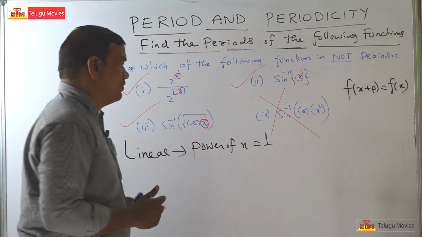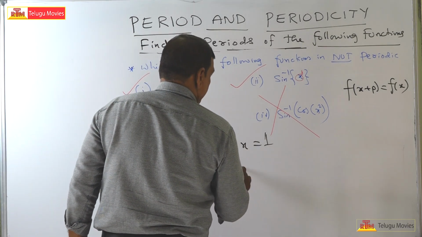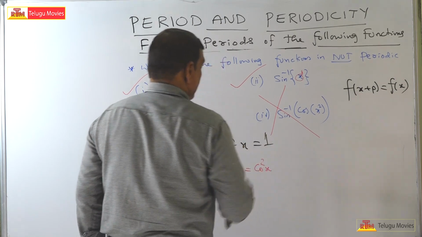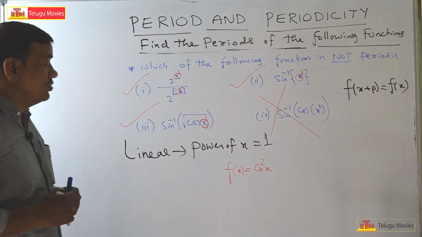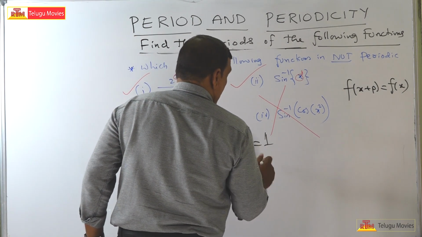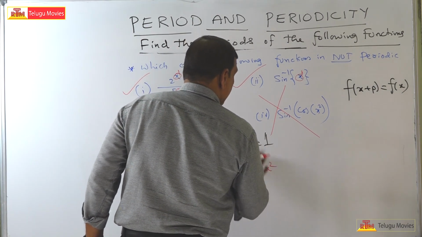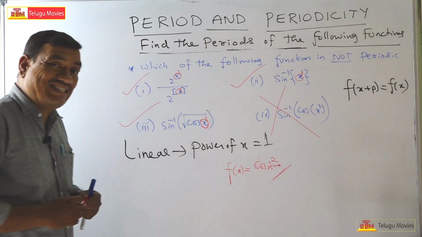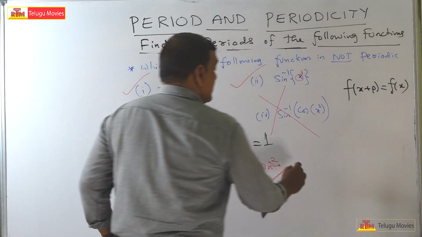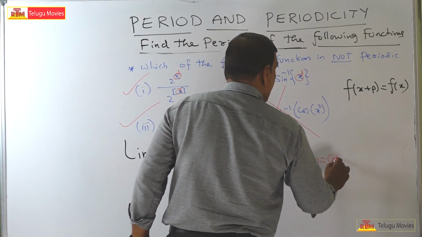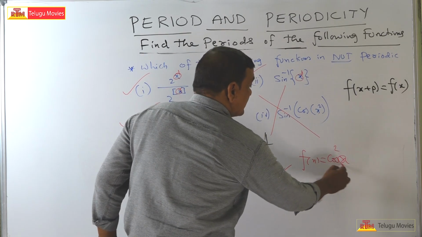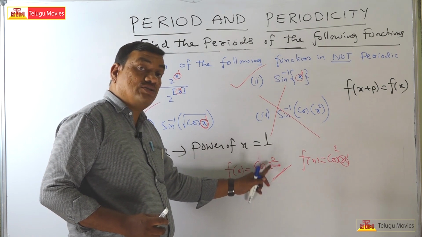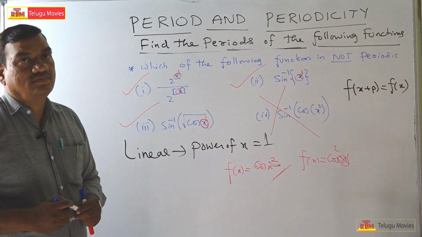For example, you may have a doubt: sir, if f of x is equal to cos square x? Okay, but cos of x square is not periodic. Remember, f of x equal to cos square x is periodic, because here x power is 1. Whereas f of x equal to cos x square is not periodic. Understand this?